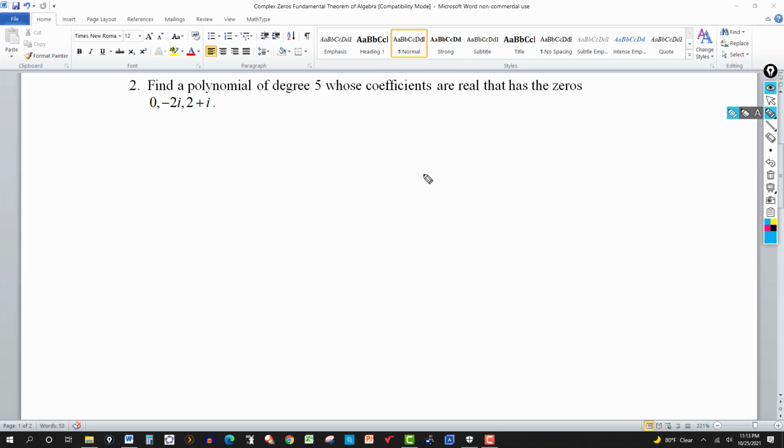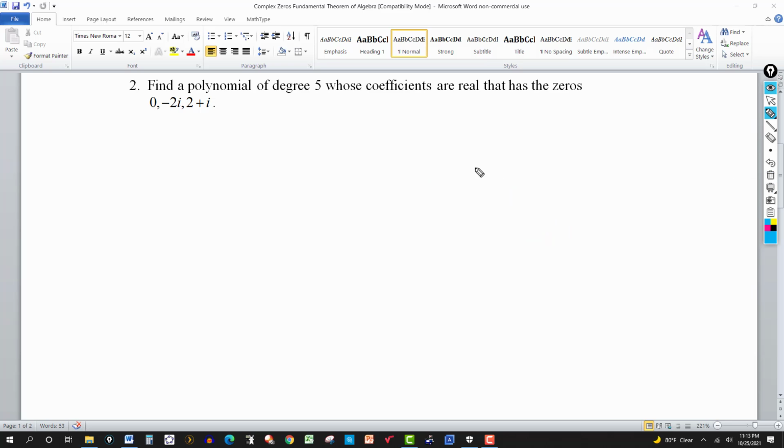And the factor theorem simply tells me if r is a zero of a certain polynomial, let's call it polynomial p of x, then x minus r has to be a factor.